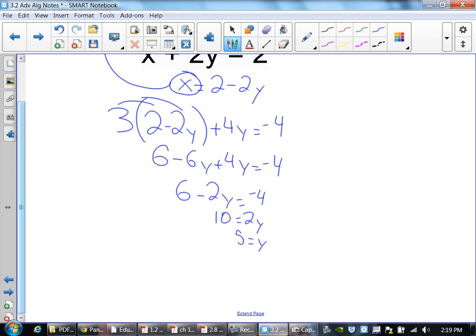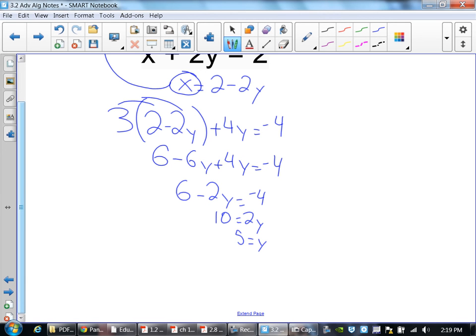Oh, I see one. For shame. And like I said, this is the other good reason why we do these problems, because it gets you guys out of summer mode and back into the idea of math.